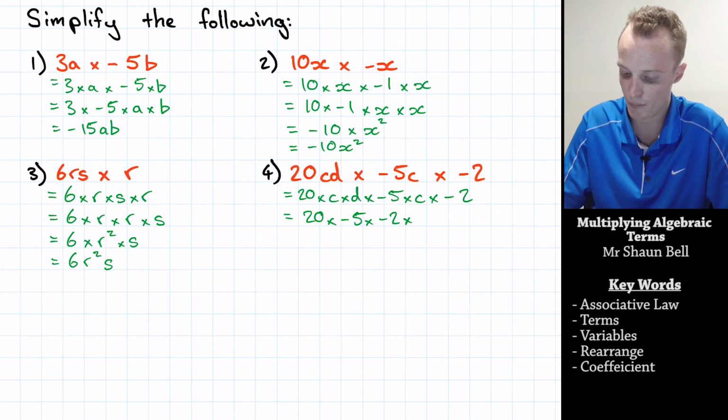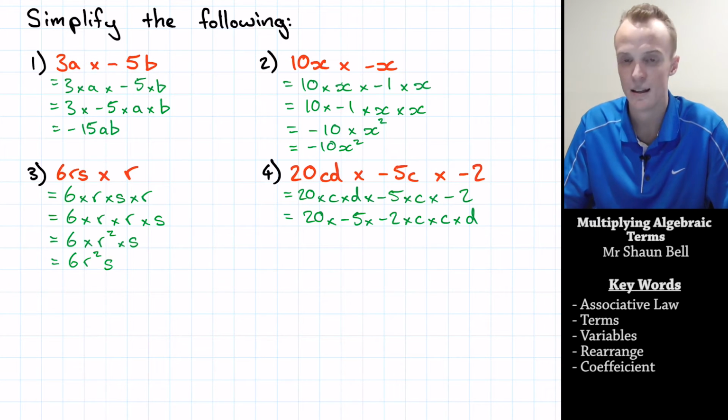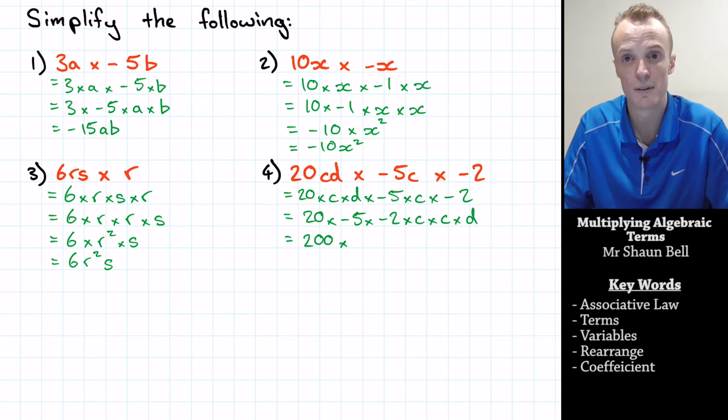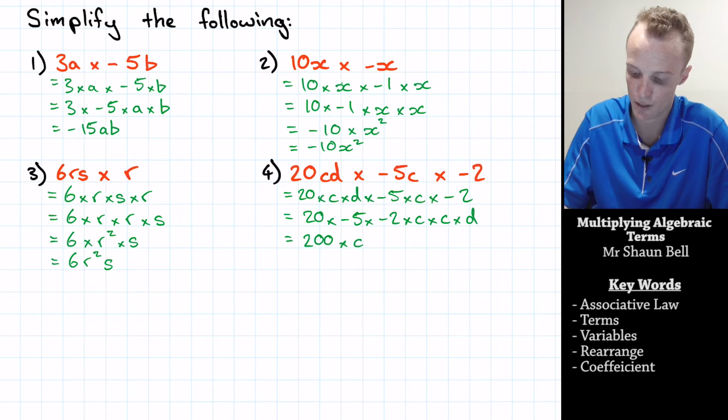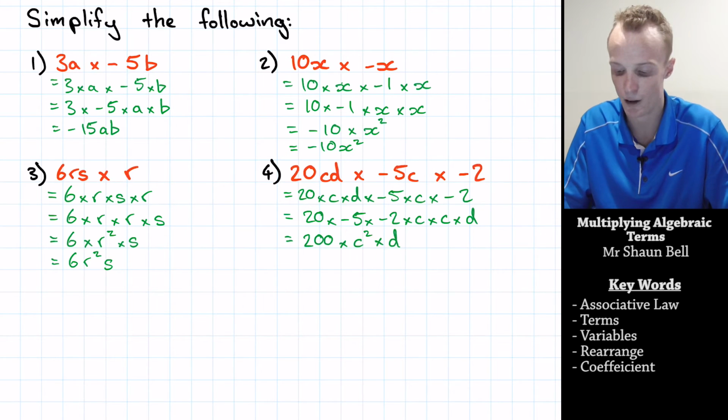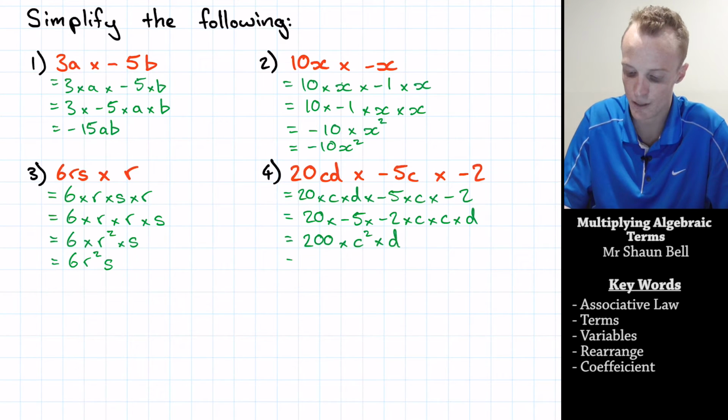So that's going to be multiplied by c, multiplied by c, multiplied by d. Now let's simplify the numbers. 20 times negative 5 is going to be negative 100. Negative 100 times negative 2 is going to be positive 200. So it's going to be equal to 200 multiplied by c times c, which is c squared. So it's going to be c squared, then multiplied just by that d that doesn't multiply anything else. So therefore, this statement can be simplified to 200c squared d.